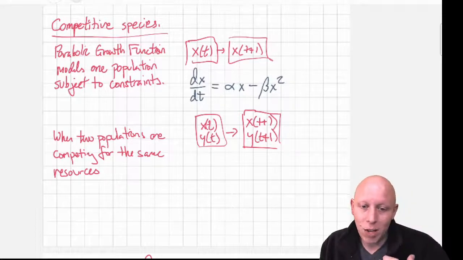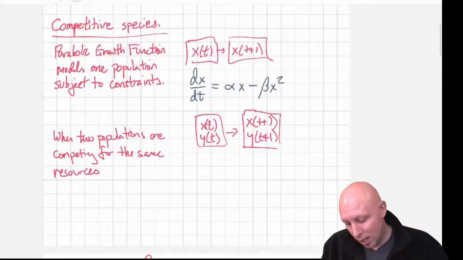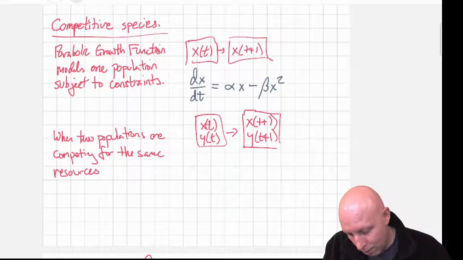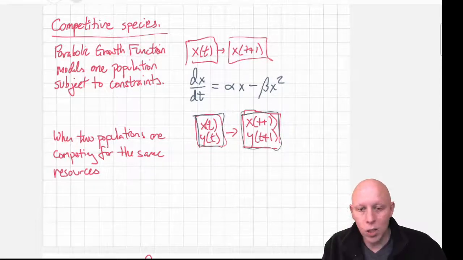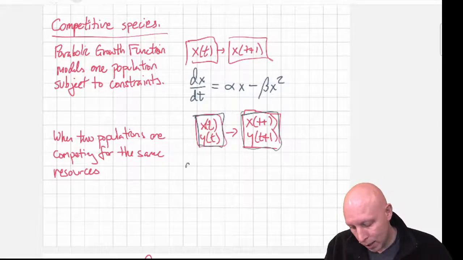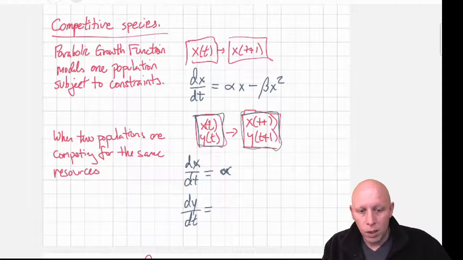Now, let's say we have two populations that are competing for the same resources, and in that case, we want to figure out how do x of t and y of t change over time. And so we'll set up two different equations, dx dt and dy dt, and they'll both be some increase based on how many there are.